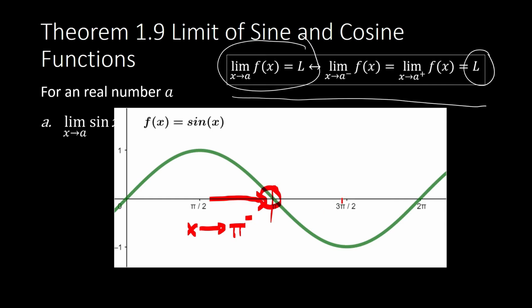In the same way, when x approaches pi from the right, your function approaches the value of sine of pi, which is again equal to 0.